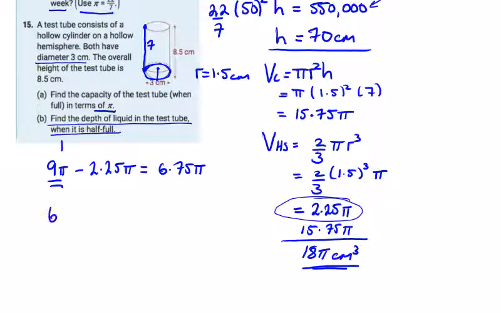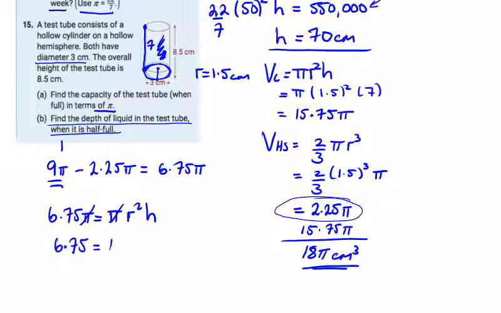So we can say that 6.75 pi is the volume of water in this part up here, because the hemisphere is full. So that's a cylinder of pi r squared h. My pi's cancel. My 6.75 stays there.